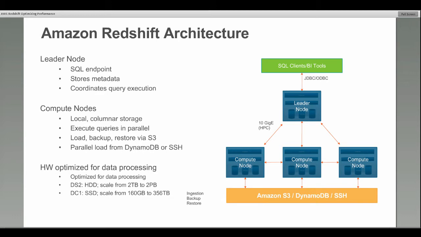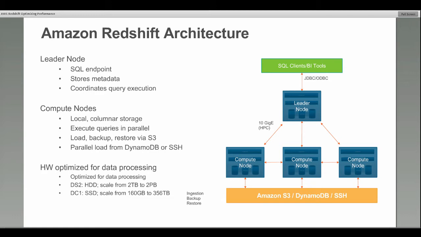Greg mentioned that this is a webinar for users who already have some experience on Redshift, but just to recap, let's take a quick look at the Redshift architecture. Redshift architecture consists of a leader node and underlying compute nodes. The leader node is actually the SQL endpoint.